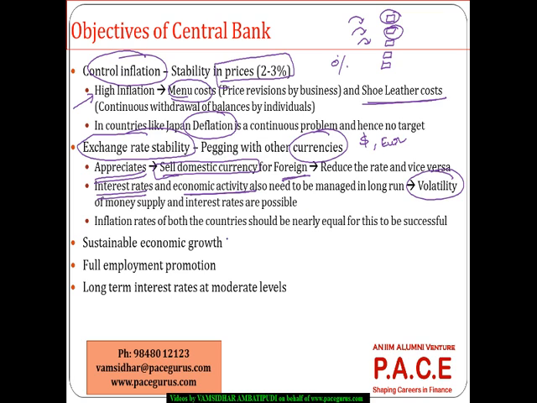So countries doing exchange rate targeting have to be very careful that the interest rates and the economic activity don't become heavily volatile, because at the end they have to act according to domestic economic criteria, not just target the inflation and other economic variables of the country against which they are trying to peg their exchange rate.